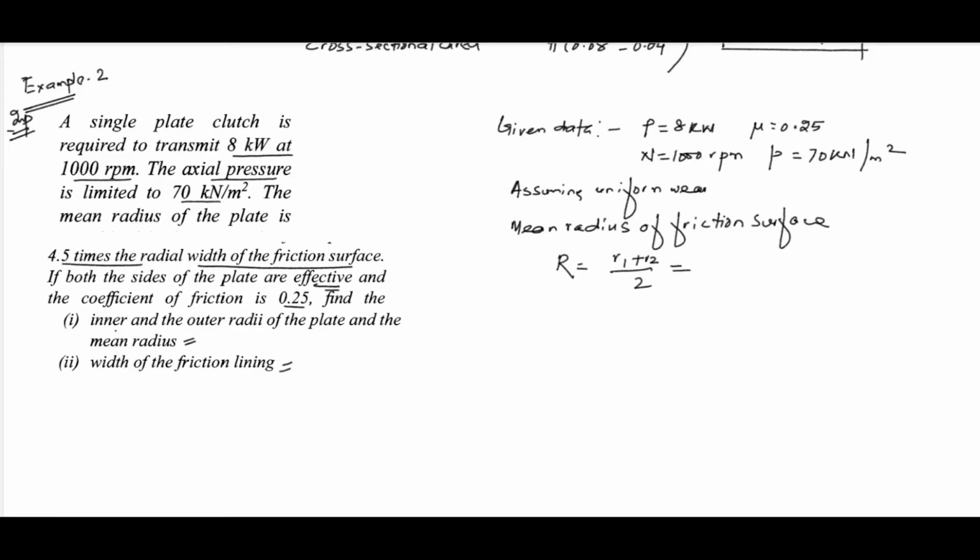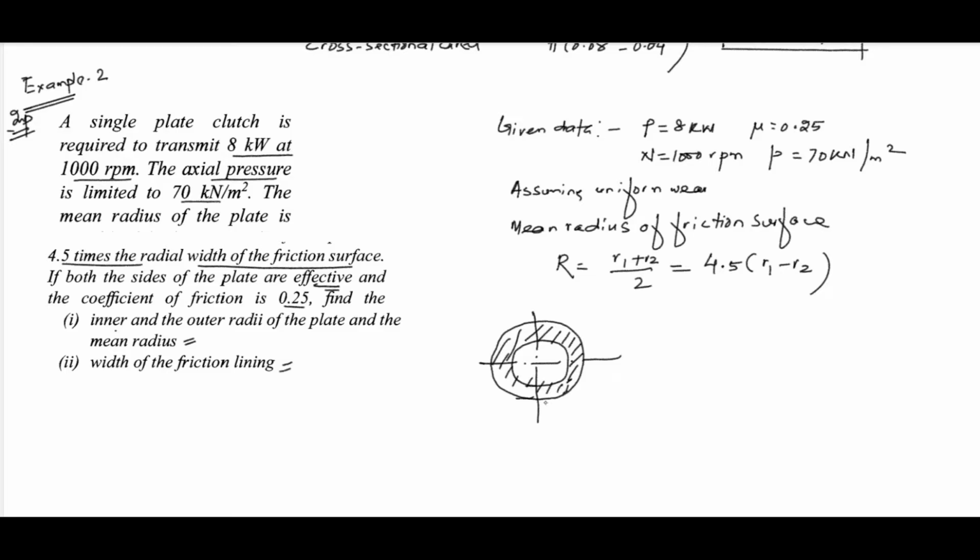Okay, and this is 4.5 times of the radial width, so it will be 4.5 into R1 minus R2, because here radial width means this is clutch plate area and this is the friction lining.